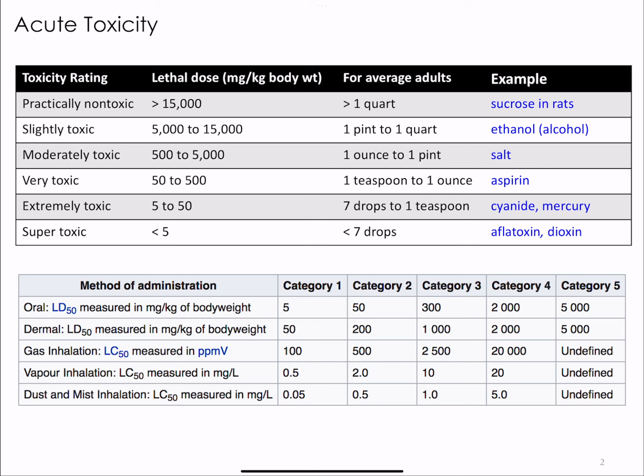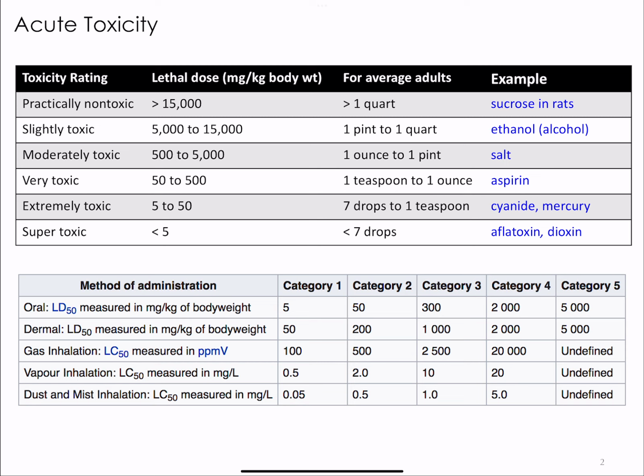And this LD50 is defined differently depending on the exposure route. A toxic chemical has different LD50 numbers depending on the exposure routes.